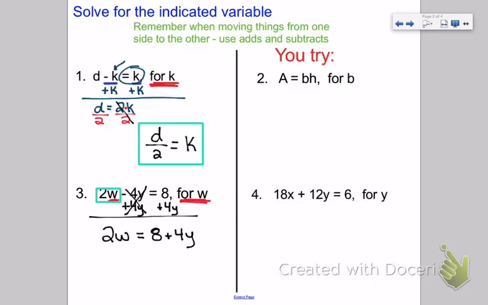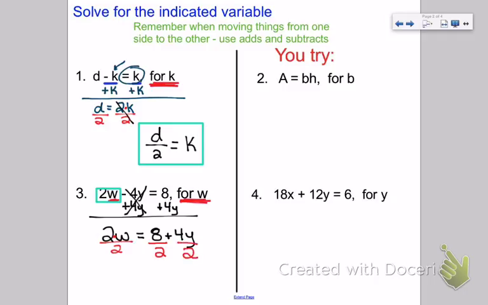The next step is to get rid of the number being multiplied by w. We need w by itself. Since 2 is being multiplied by w, we divide, and whatever we do to one side, we do to the other. Remember, see that I'm dividing that whole side by 2. If we wanted to write that in a different way, we could divide every term by 2.